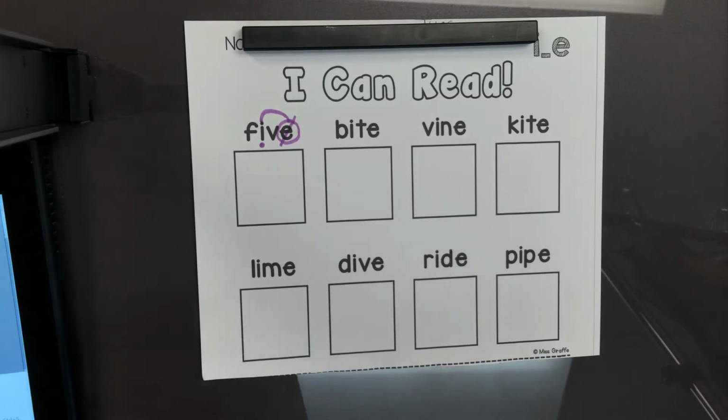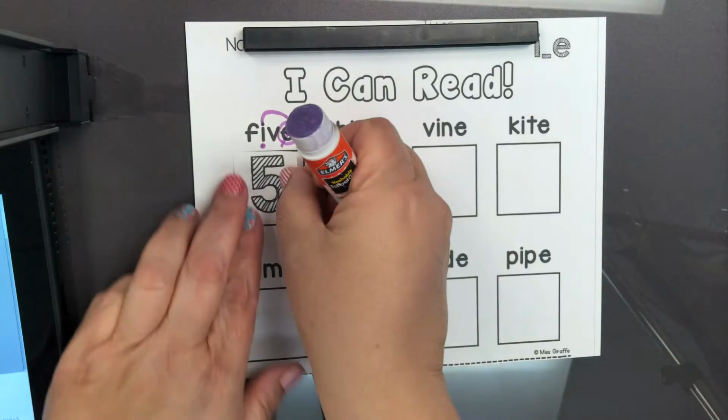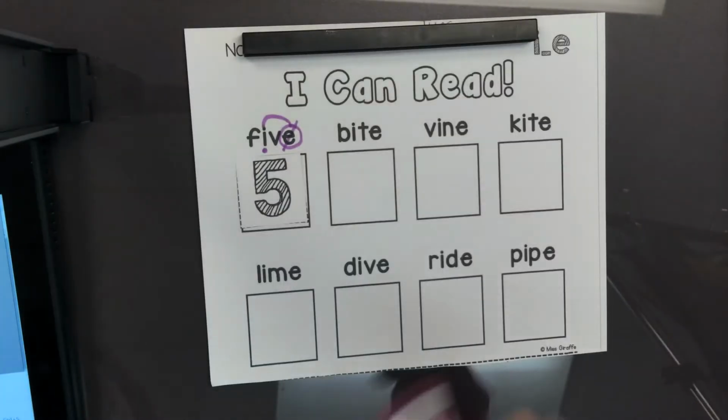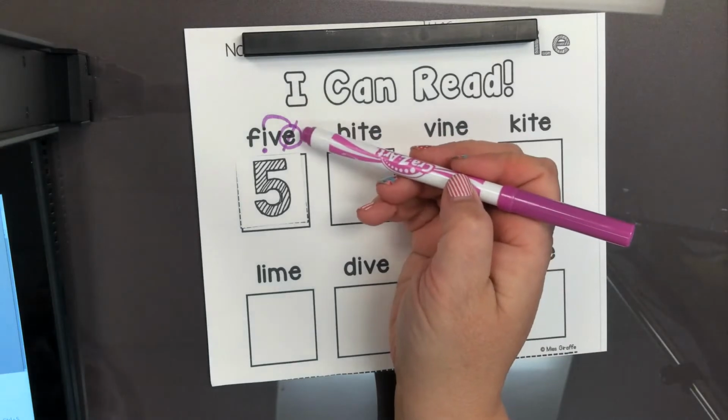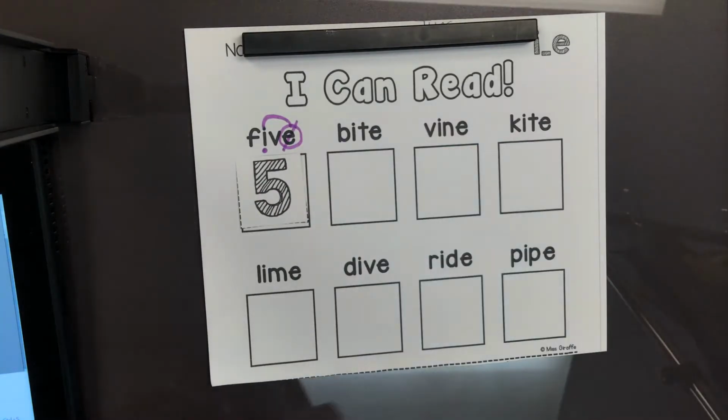Five is a number. Five has a magic E. Here is the word five, and here is a picture showing the number 5.